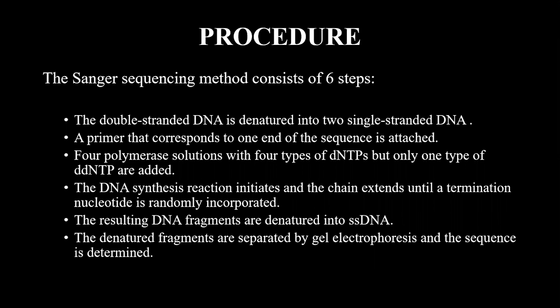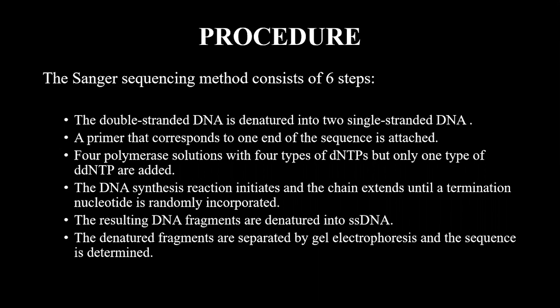So next is the procedure for Sanger sequencing. The sequencing method consists of 6 steps. First, the double-stranded DNA is denatured into 2 single-stranded DNA. And then a primer that corresponds to one end of the sequence is attached. The 4 polymerase solutions with 4 types of dNTPs, but only one type of ddNTP, are added.